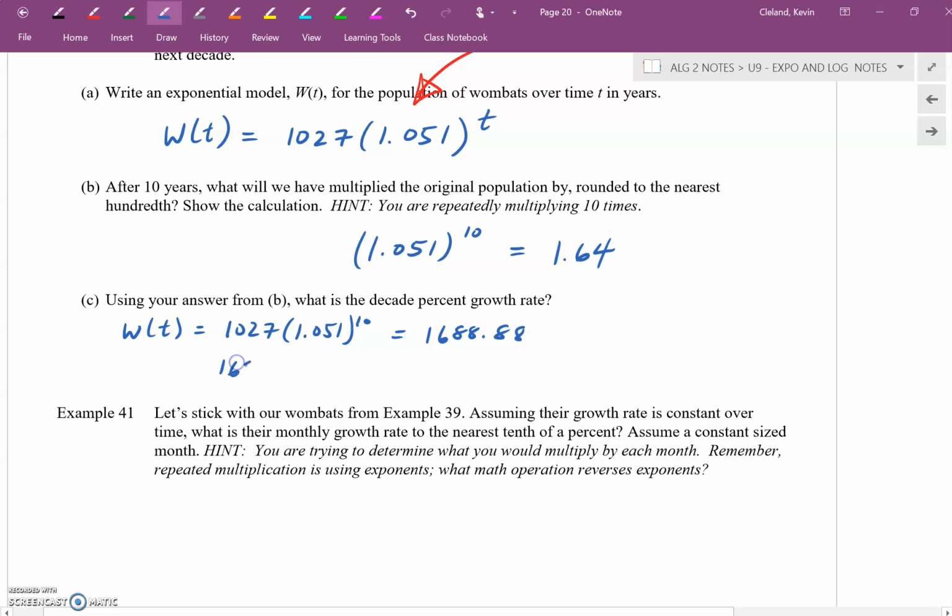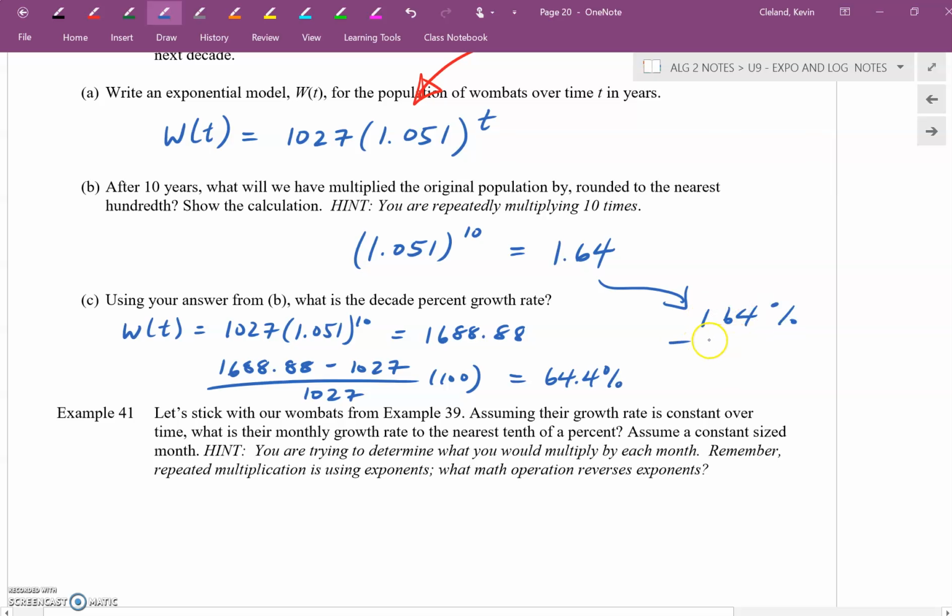And then do the percent growth calculation. And we get about 64.4%, right? But what they're saying is, hey, look, this is 164%. We could have just subtracted 100 and said, oh, it grew by 64%. This is just a great way to check.